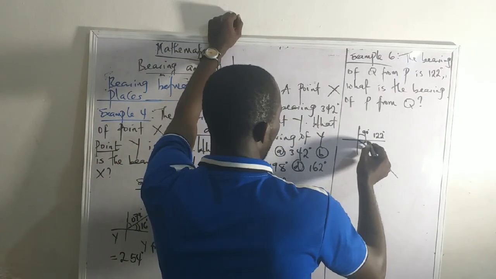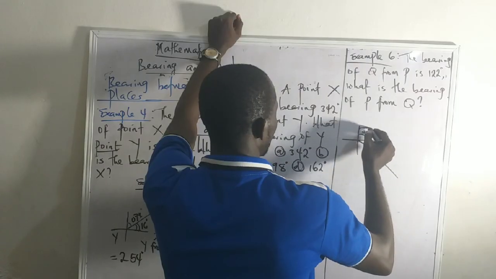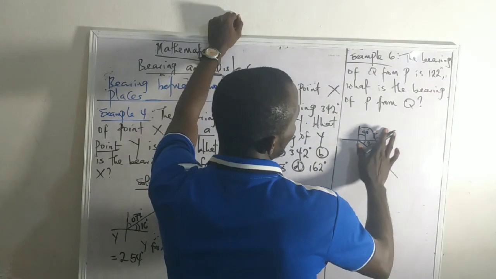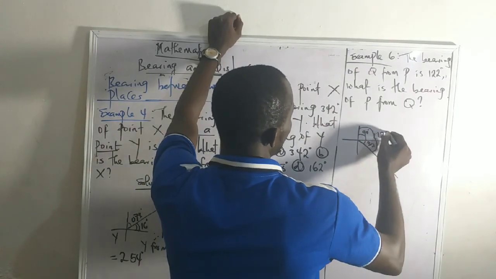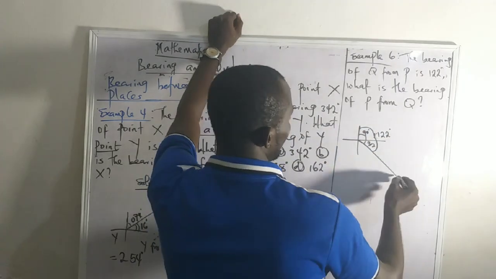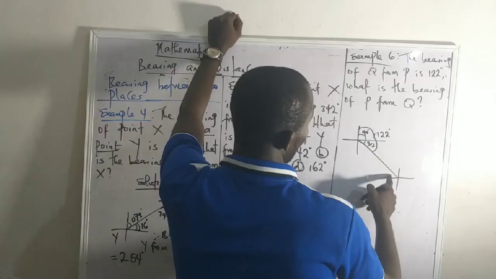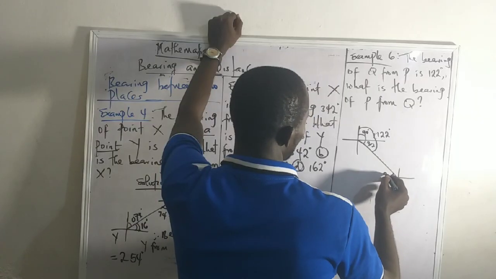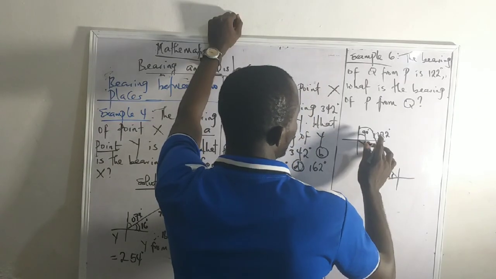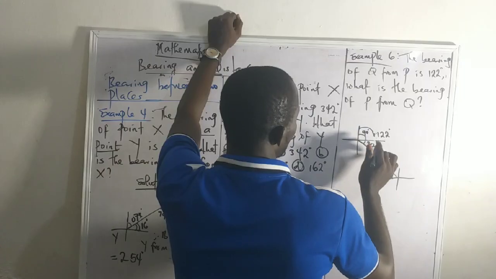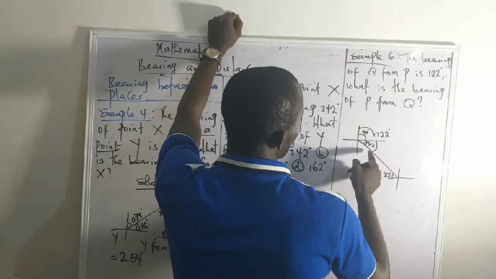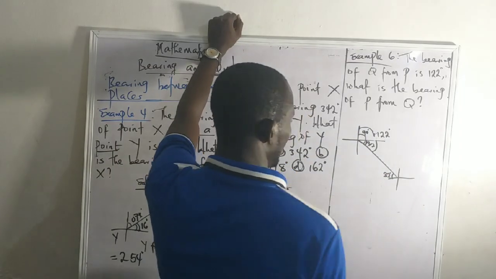That would be 32. So if here is 32, here is also 32 degrees. If inside this place is 32, inside here is 32, it means here is also 32 degrees.